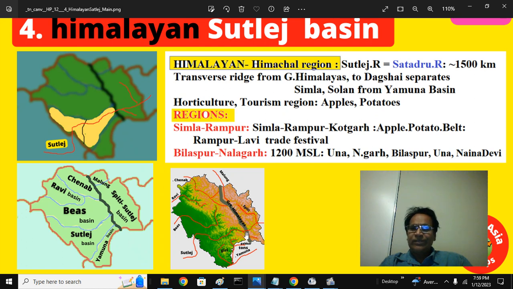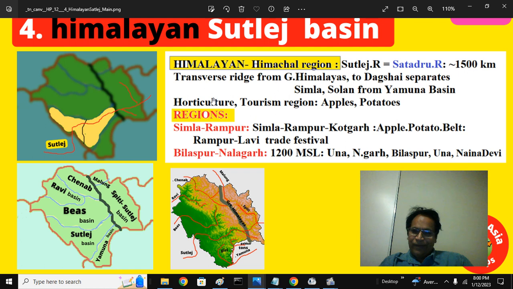The transverse ridge separates the Simla Solan area from the Yamuna Basin. Actually, Simla town and Solan town are in the Sutlej Basin in the mountain region. So Simla and Solan look to the Sutlej Basin; they are part of it.